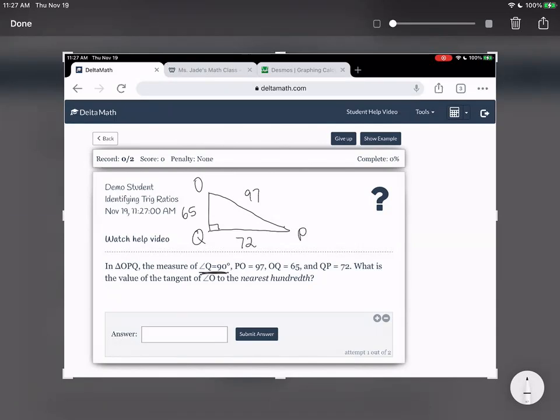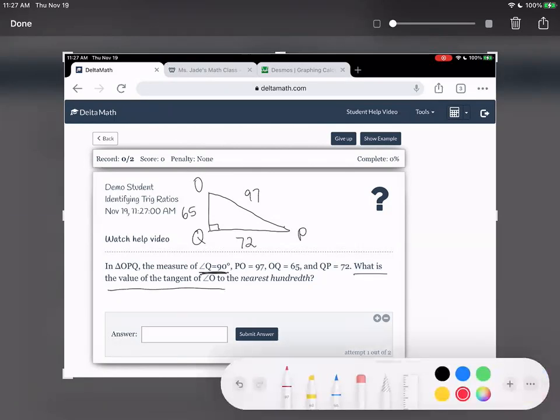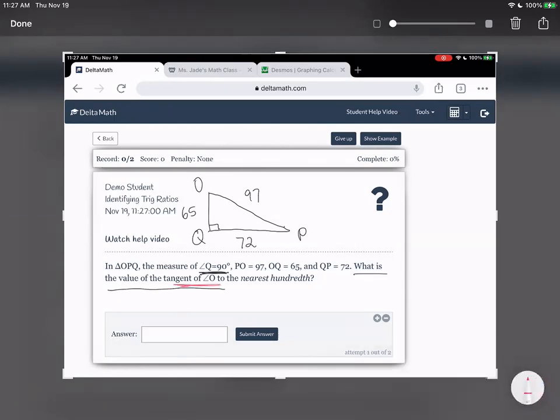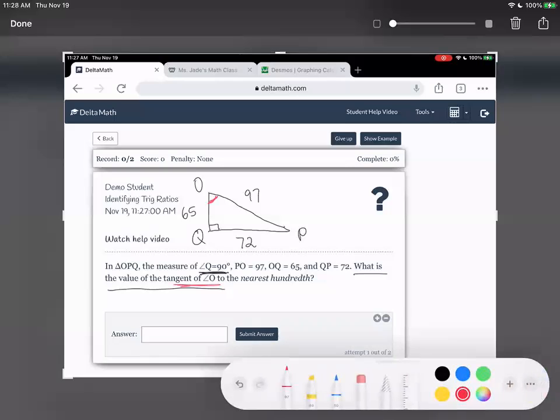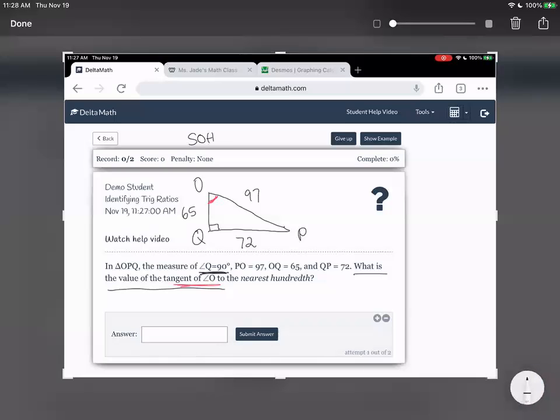So now that our triangle is labeled, we want to know what is the value of tangent of O to the nearest hundredth. So let me see, where is O? O is this one. So here is our reference angle. We also want tangent. So I'm going to write SOH CAH TOA.